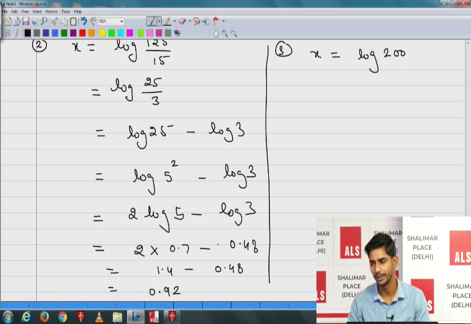Shillong, Tamelong, Itanagar, Senapati, guys, is it clear to everyone? If not, you can just tell me. Do not just focus on the copying. Just focus on the questions, how I am solving it. Okay.